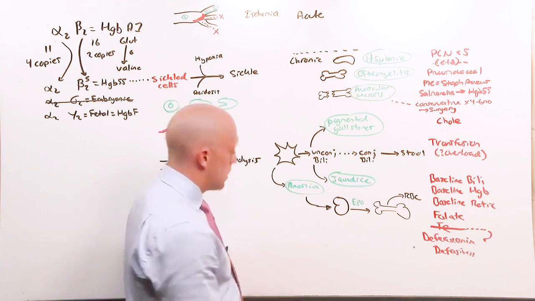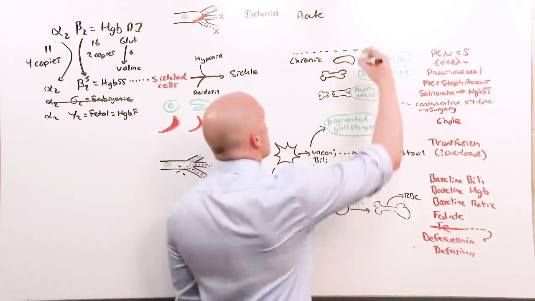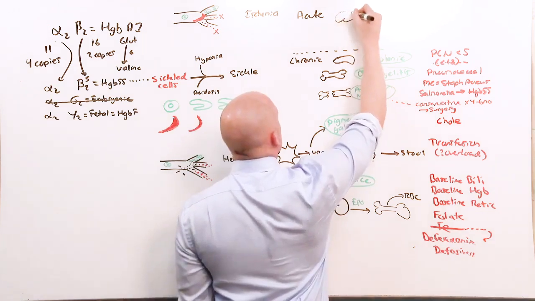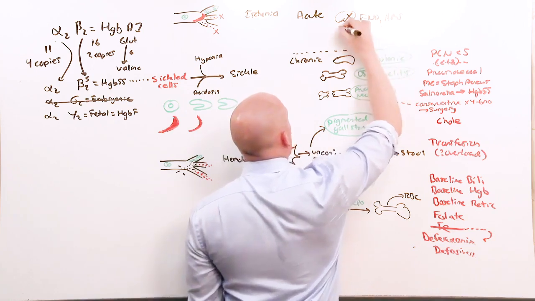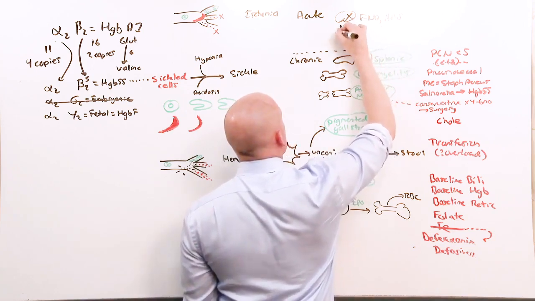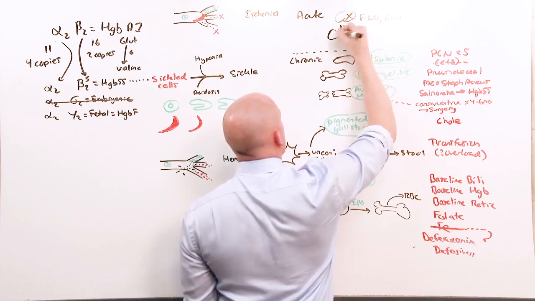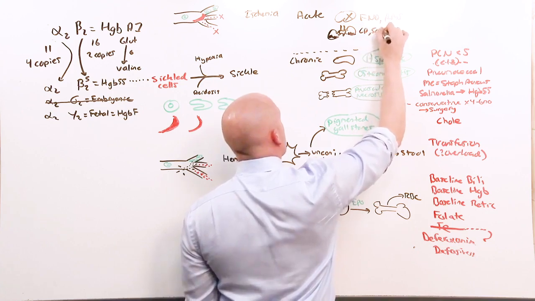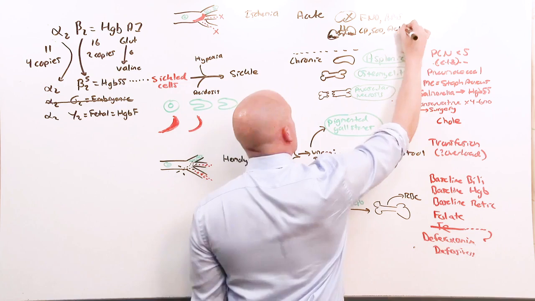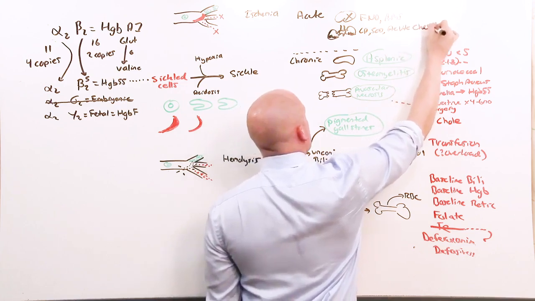Let's then talk about the acute issues. The acute issues are going to be either a stroke, that is a focal neurologic deficit or altered mental status, or the acute chest. That is a pulmonary edema in the setting of chest pain or shortness of breath, termed the acute chest.